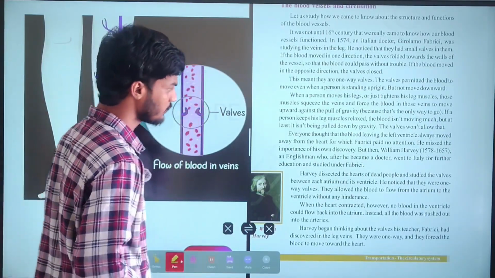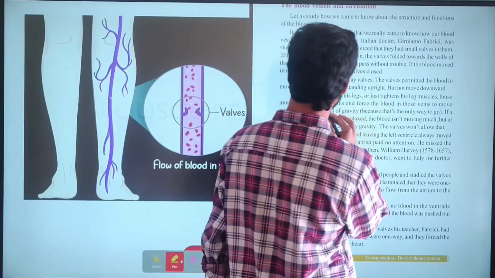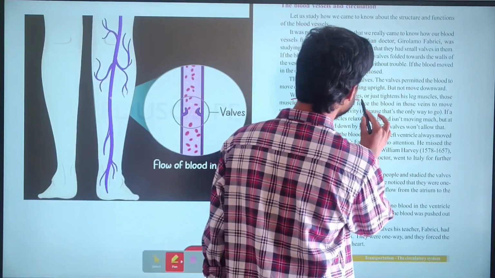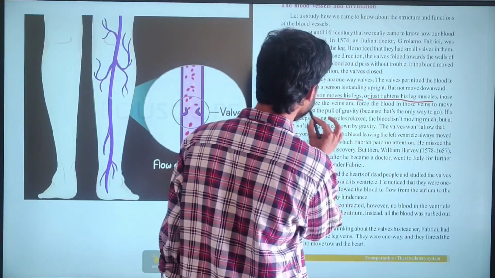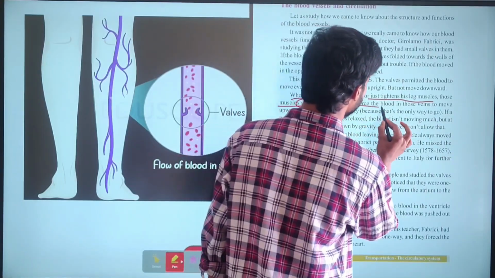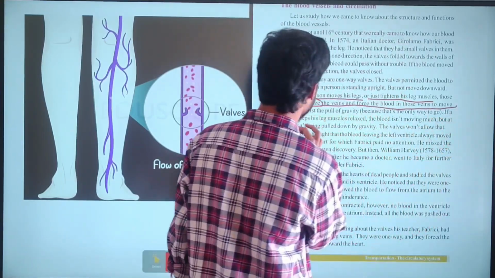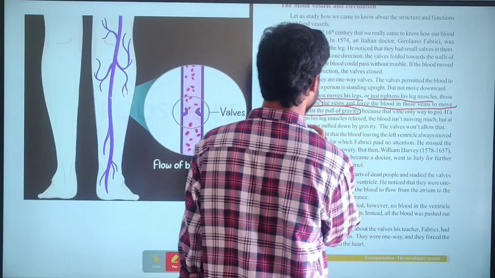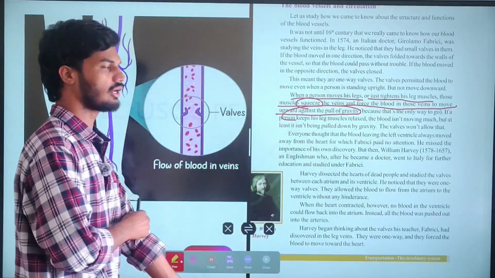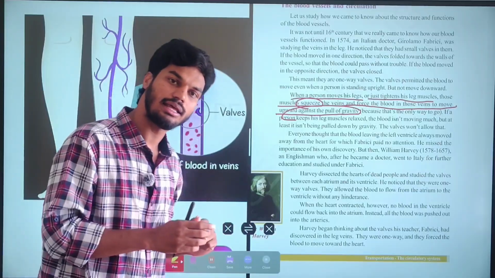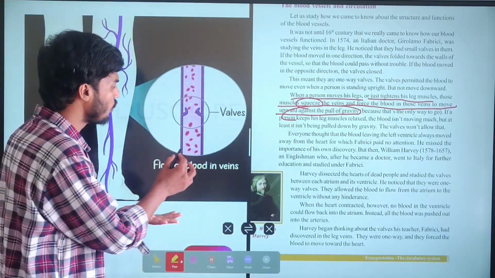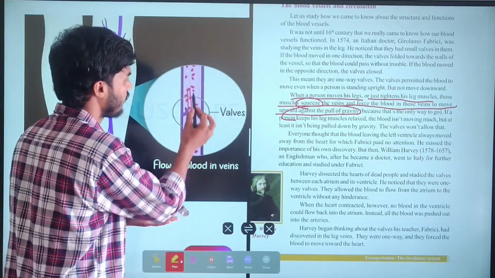Clear? Then he said that due to gravity, when a person moves his legs or tightens his leg muscles, those muscles squeeze the veins and force blood in the veins to move upward against the pull of gravity. So whenever a person is involved in movement, walking, running, the blood is able to move faster in the upward direction.